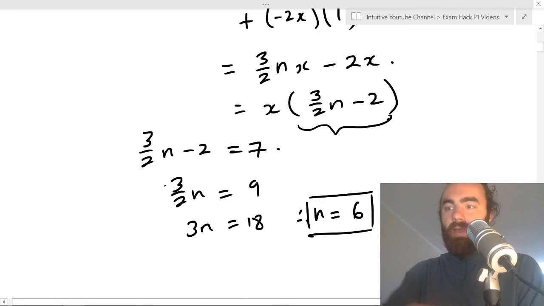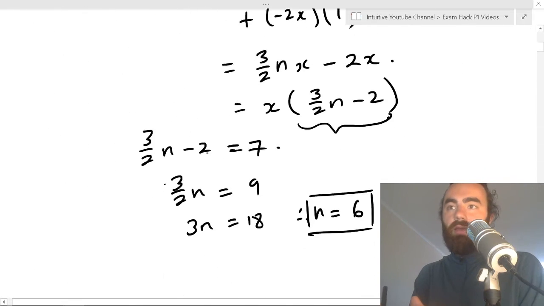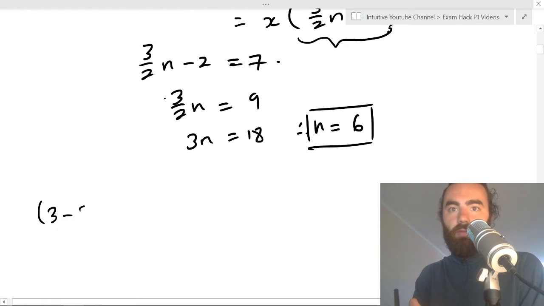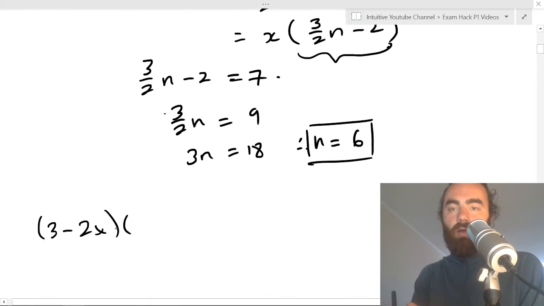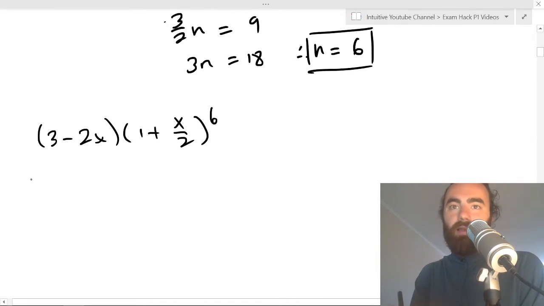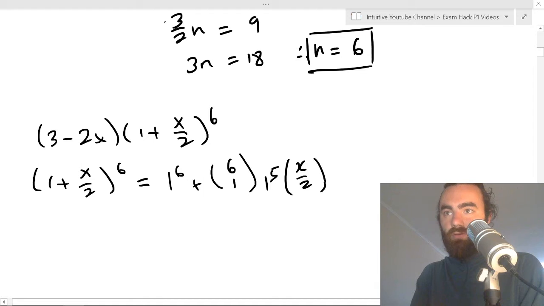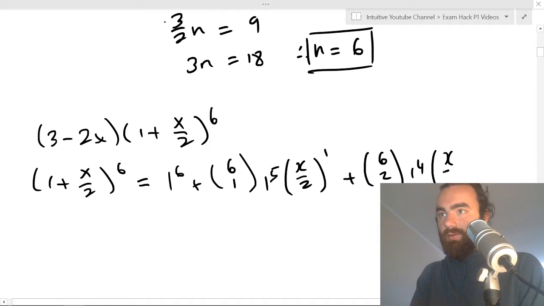So now we found that n is 6. We can then find the coefficient of x squared in the expansion. So we have 3 minus 2x times (1 plus x over 2) to the 6 now. Again, let's address this first part. When we expand this, we get 1 to the 6 plus 6C1 from our binomial formula times 1 to the 5 times x over 2 to the 1 plus 6C2 times 1 to the 4 times (x over 2) squared, plus some more stuff.